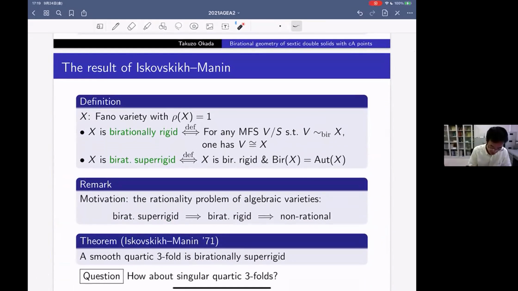Let X be a Fano variety of Picard number 1, so X is viewed as a Mori fibre space over a point.